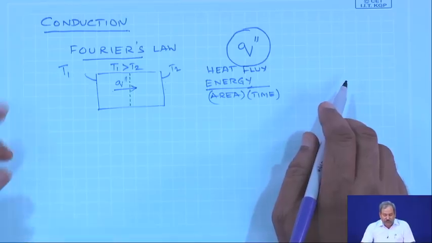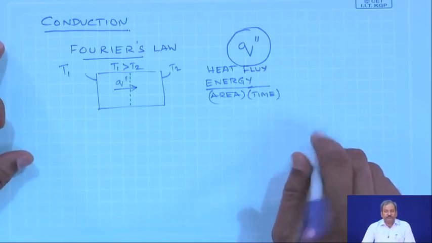Now, what Fourier observed is that the transfer of heat by conduction between 2 points is governed by a unique relationship, and it is not an equation or a law which can be derived from first principles. So, in that way it is similar to Ohm's law.